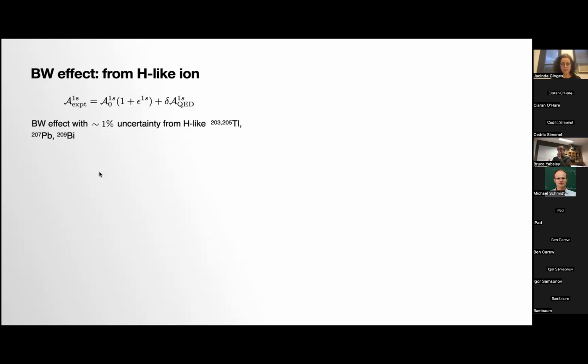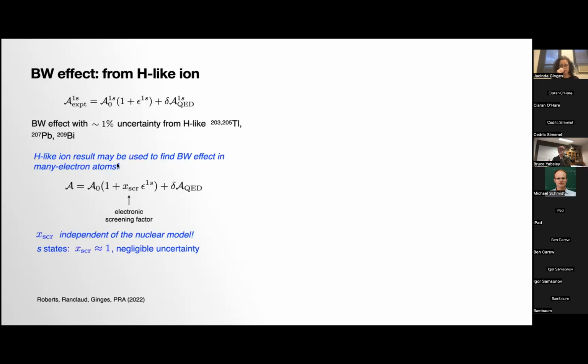So that's amazing. Our proposal was to just take the result from this experiment and throw it into the atomic theory, with some screening factor. So here's your atomic hyperfine constant, point-like, QED, etc. And this term, which usually has the largest uncertainty from first principles because we can't measure it, should instead be deduced from a hydrogen-like experiment, and then we can calculate the screening factor really accurately.